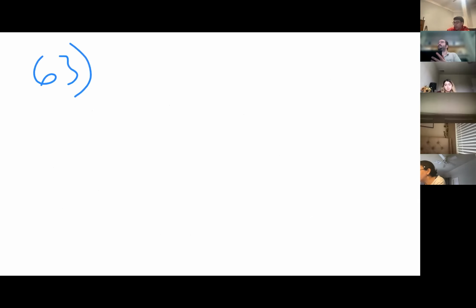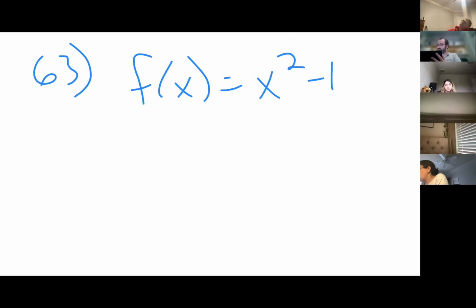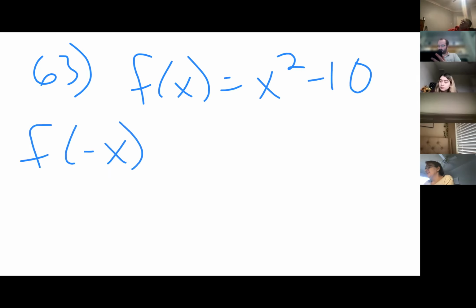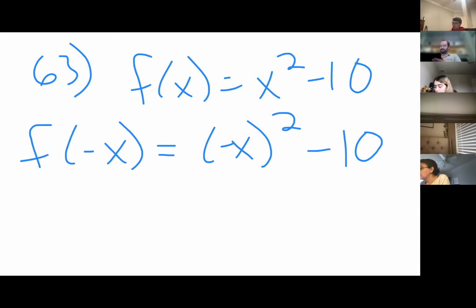Okay. So if I do f of x equal to x squared minus 10, yes, it's even. If I do f of minus x, what does that give me? I get a minus x, and I'm squaring it, and then I'm subtracting 10.